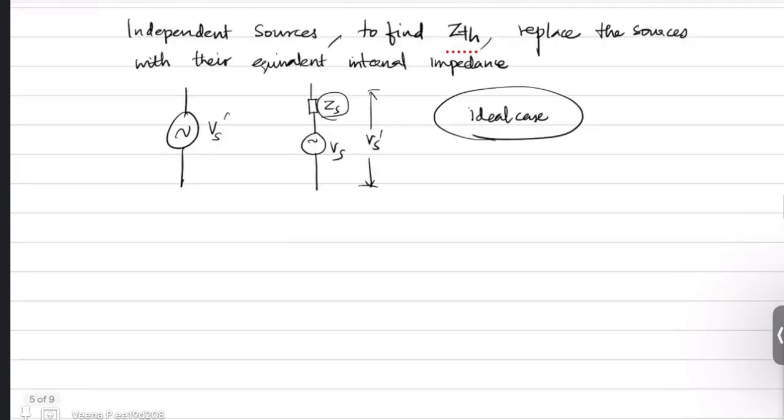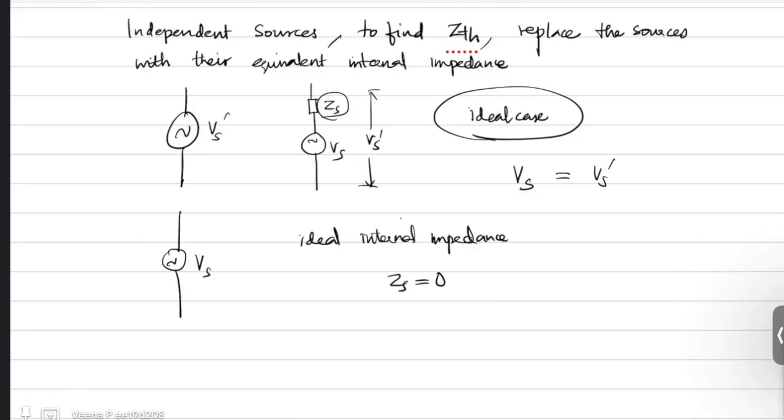That means for an ideal voltage source, the ideal internal impedance. When does ideal happen? Ideal happens when whatever is produced by the source reaches the terminals. This happens only when your Zs is 0. So the ideal internal impedance of a voltage source is 0.